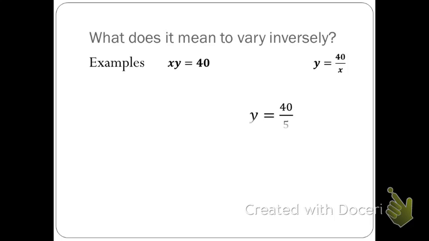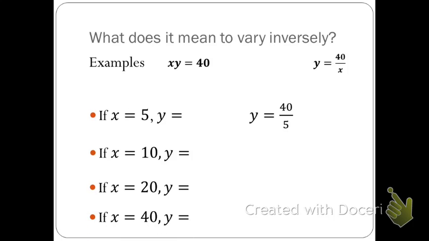Another way to put that with numbers is, for instance, if you have this equation where we know that xy equals 40 or y equals 40 over x, what would happen if we change the values of x? Okay, so let's say we make x 5. Well, 40 divided by 5 is 8.